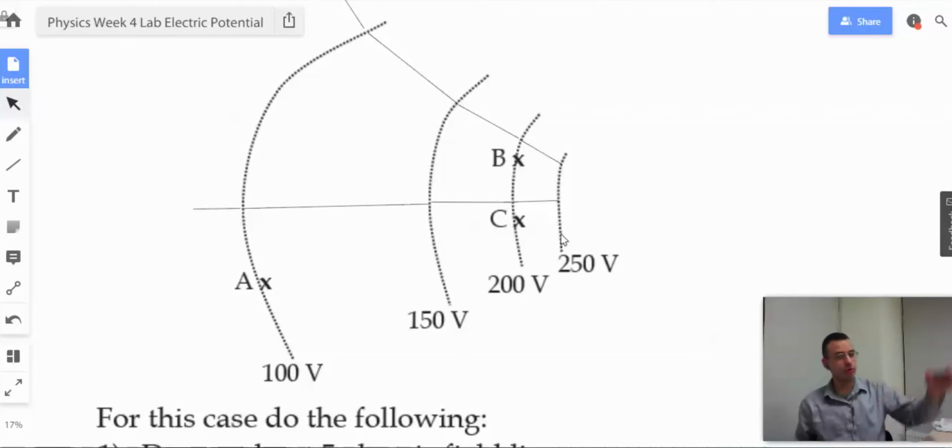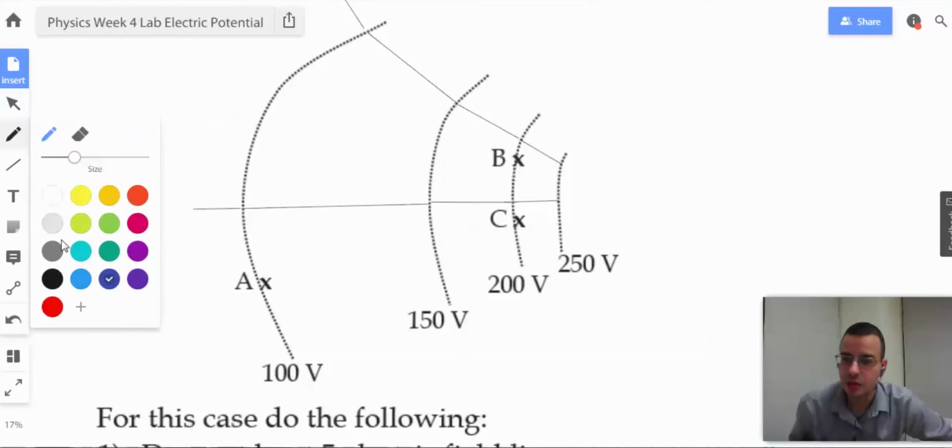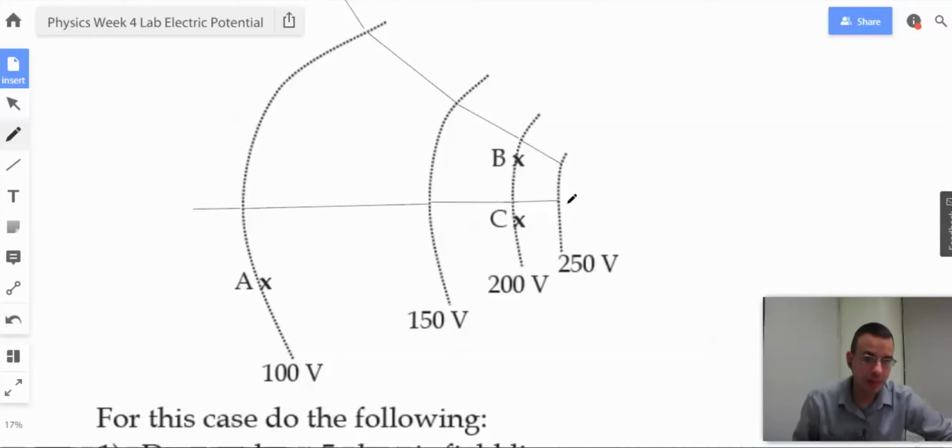A ball would roll from the top of the hill to the bottom of the hill. So a positive test charge will go from here to here. To get that, we're going to draw the positive and negative signs on here. If we want a positive test charge to go from 250 to 100, we're going to have a plus here and a negative here.